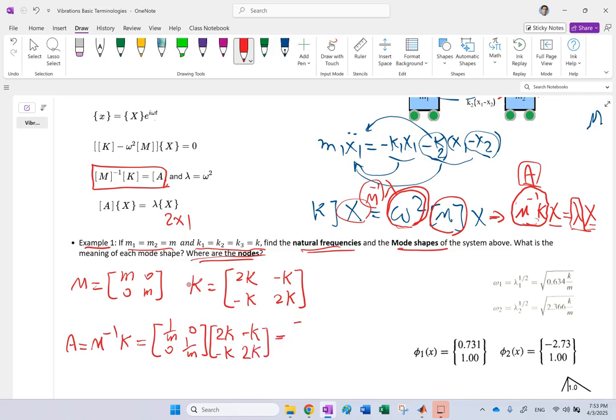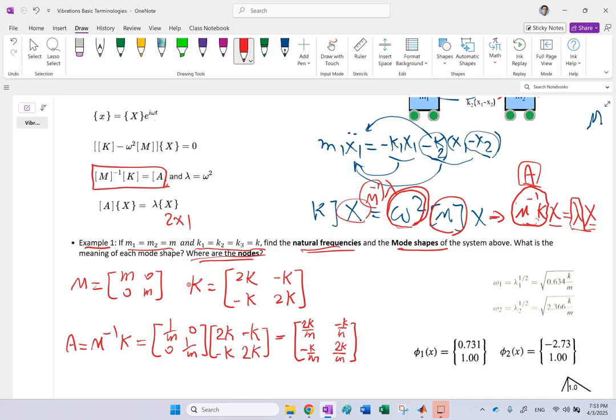So let's simplify this. You're going to get basically 2K over M, negative K over M, negative K over M, and again 2K over M. So that's the A matrix.